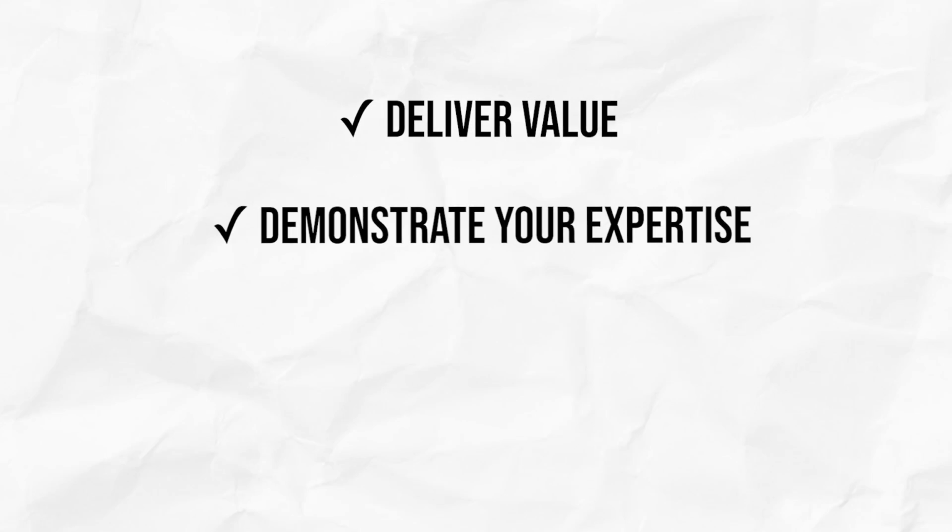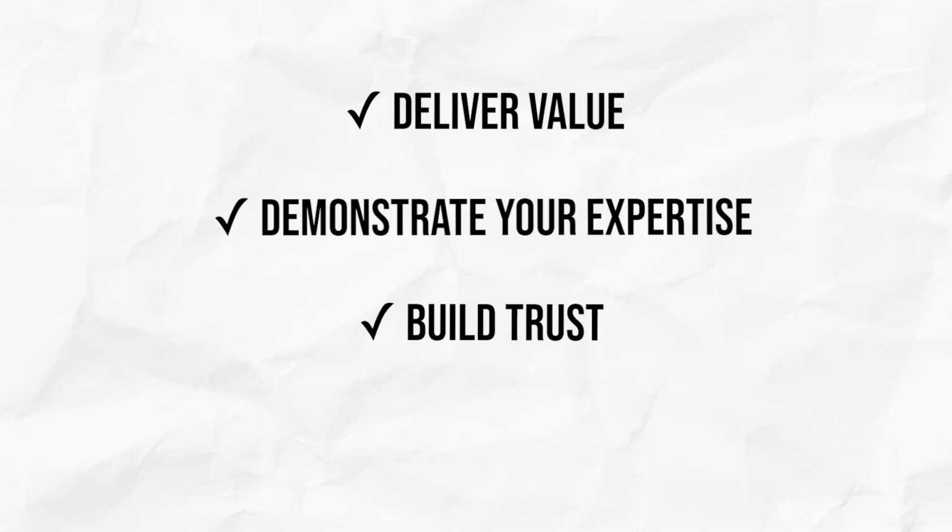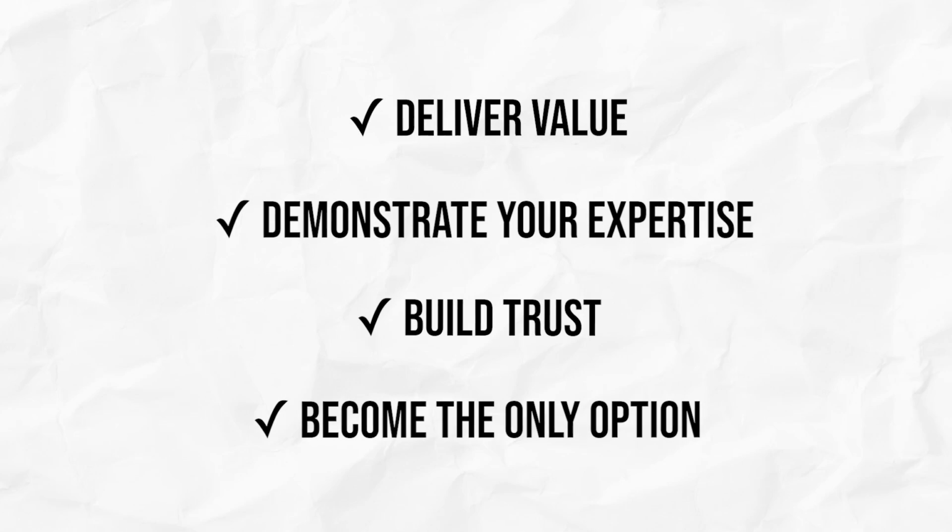It's a system whereby you are trying to put lots of ads, pieces of content in this case, in front of a small group of people again and again and again, so that you deliver value, demonstrate your expertise, build trust with them, and become the only business that they want to buy from, work with, etc. It's a very, very effective long-term strategy. It does take a long time to work. We've used it many times and it can be absolutely fantastic.